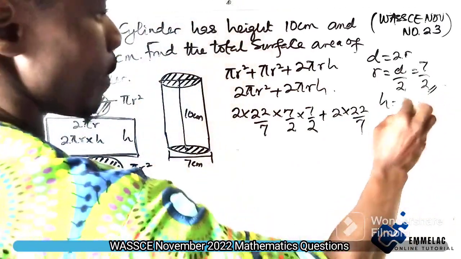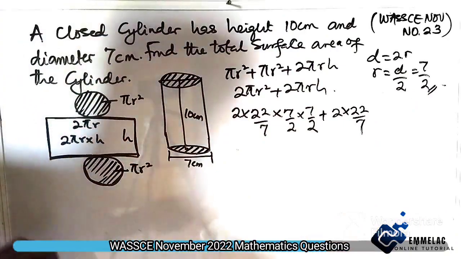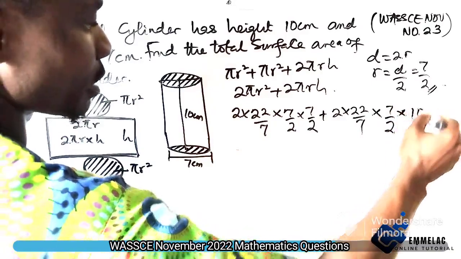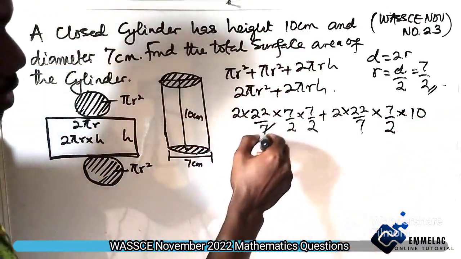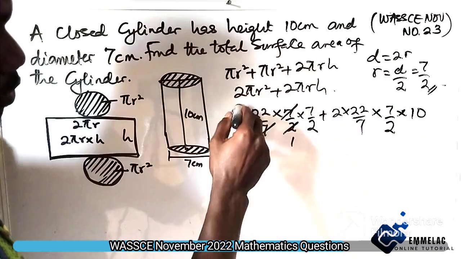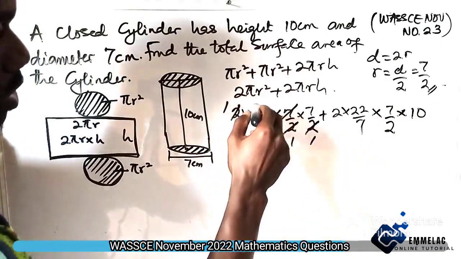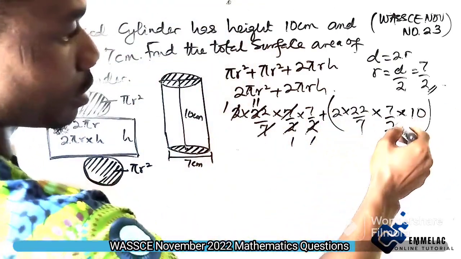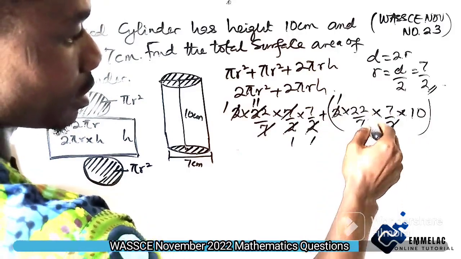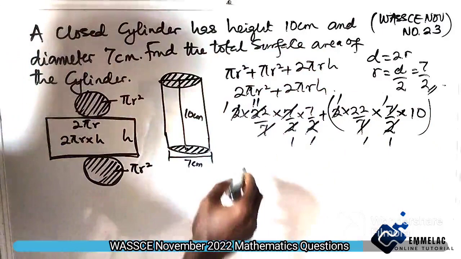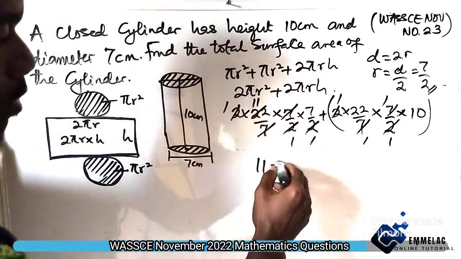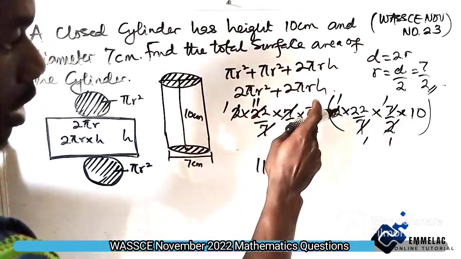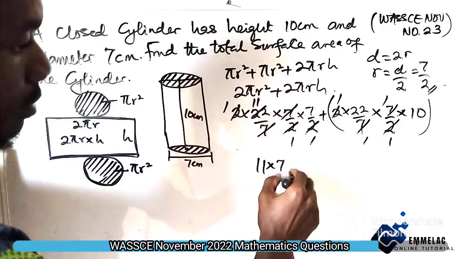times our radius, 7 over 2 times 10. Alright, let's simplify. The 2s cancel out, and the 7s cancel out, so we are left with 11 this side, times 7.